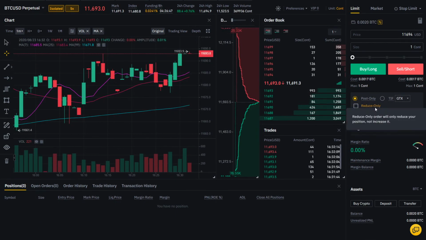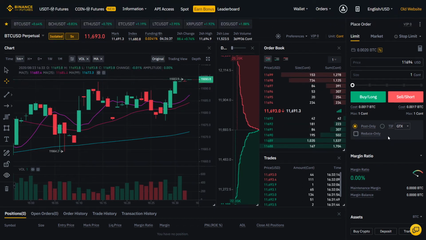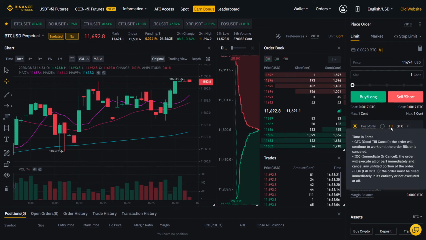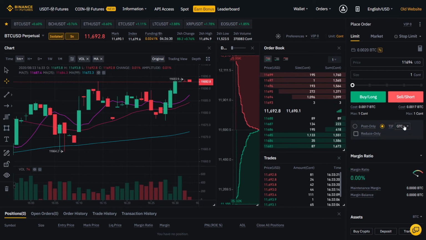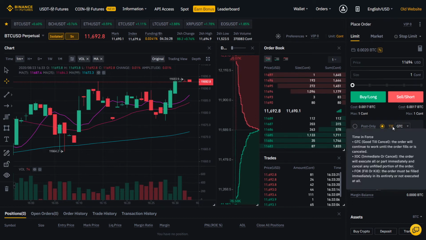Reduce only means you will only reduce your position and never increase. This can be very useful in certain situations, such as having a limit order to take profit and a stop loss simultaneously. Besides those, we have good till cancel, immediate or cancel, and fill or kill, explained in detail when you mouse over. You can also use market order to buy instantly.